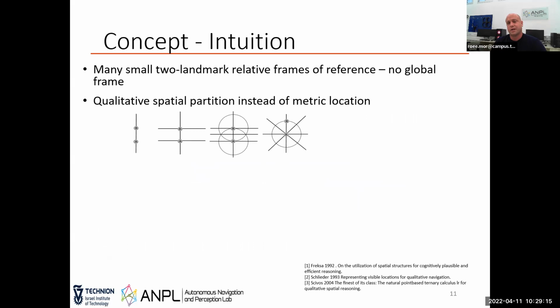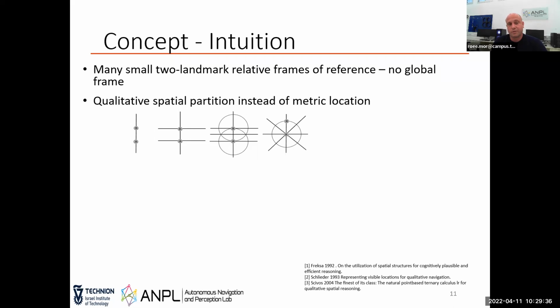So the concept in general, as we talked about, is that we are using very small two-landmark SLAM problems. We are not going to use a global frame to infer what we want to know. And we are going to use qualitative spatial partitioning, qualitative geometry.